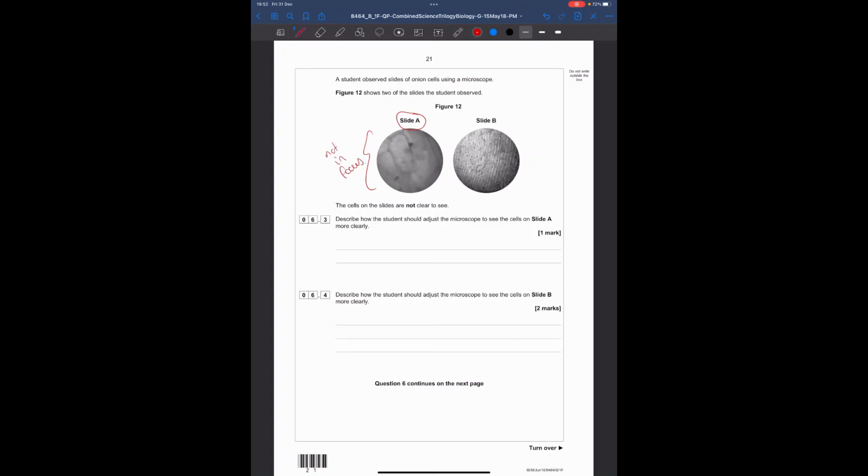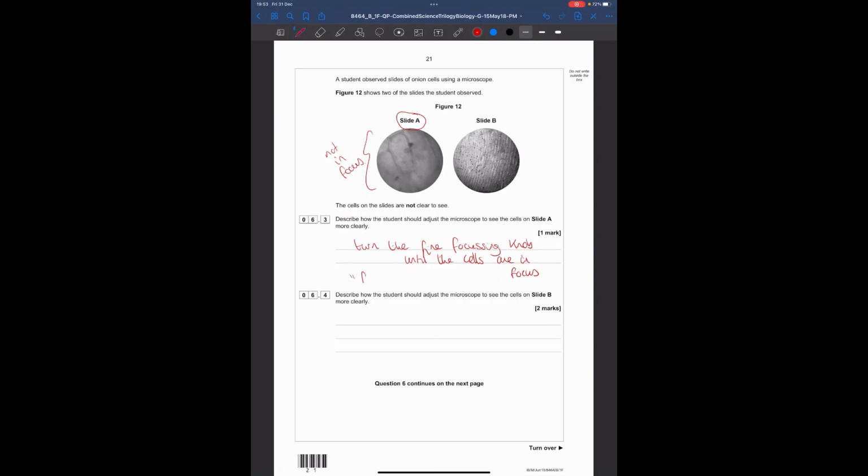So what can you do to adjust that? Okay, this is when you've got to know the names of the parts of the microscope. You've got to turn the fine focusing knob until the cells are in focus.